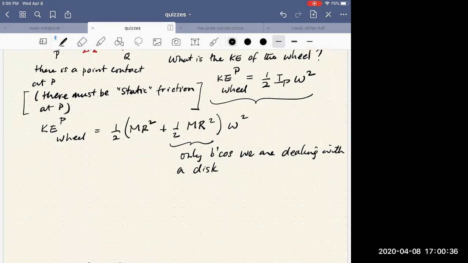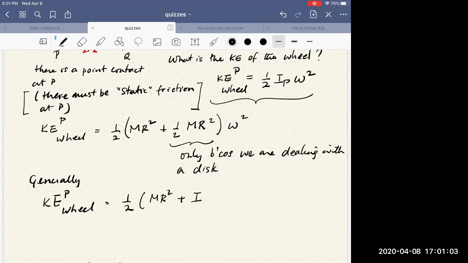So in general, suppose instead of a disk, it's a sphere or something, we can make it more general. So generally I can write KE of the wheel is equal to 1/2 m r squared plus the moment of inertia about the center IC times omega squared.